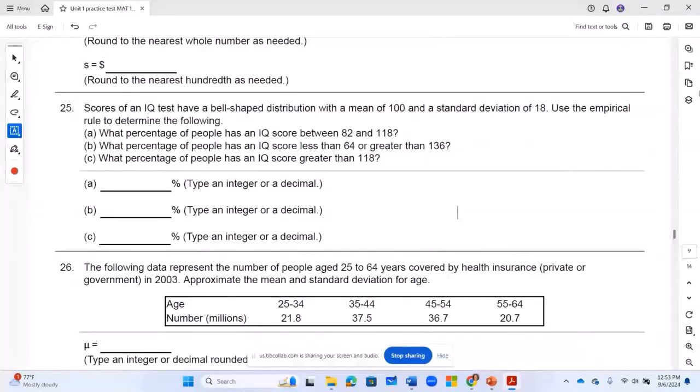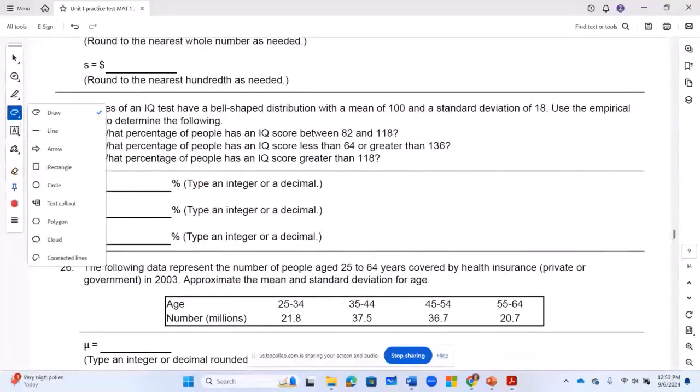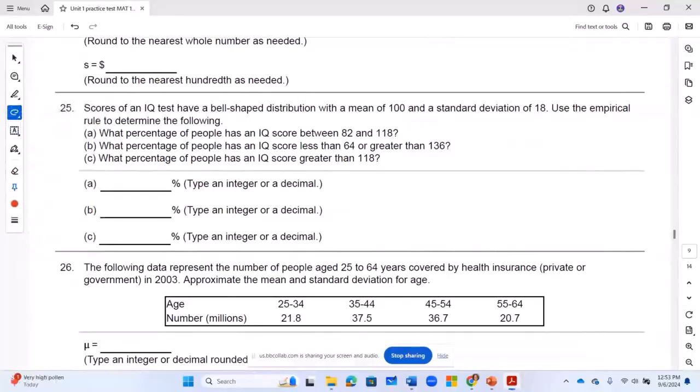First of all, I need to read the question and see what it's saying. And by the way, questions on normal distribution are always going to be real world questions. A lot of questions in your SAT are normal distribution questions.